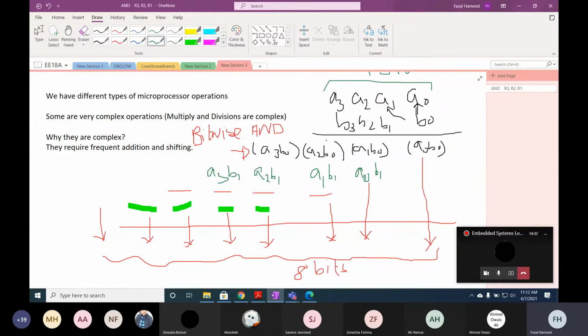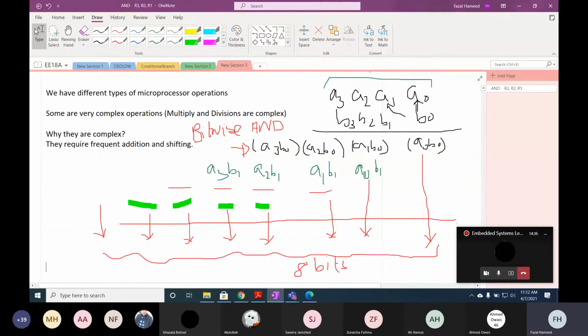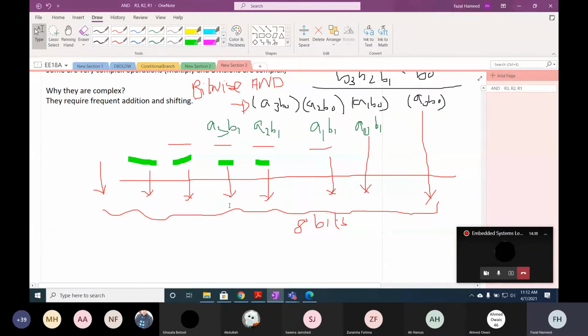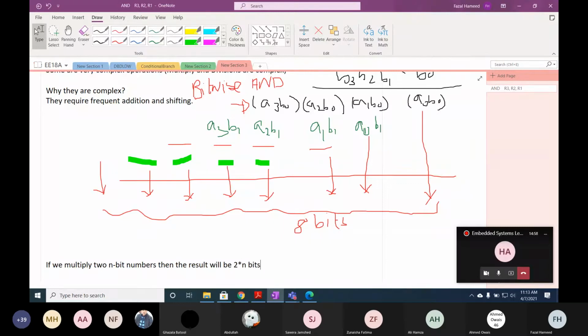how many bits? Your voices are not coming through at all, you are not contributing. So we already studied that if we multiply two n-bit numbers, the result will be 2n bits. Am I right or not?